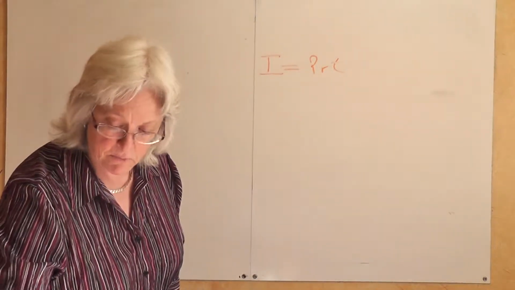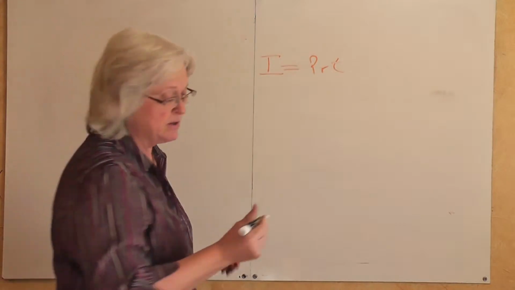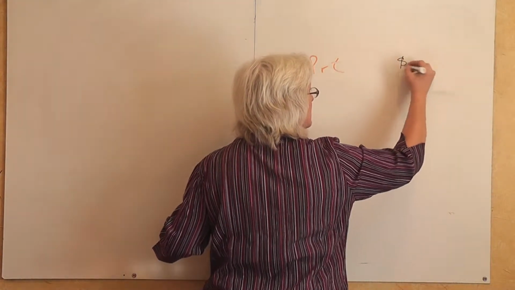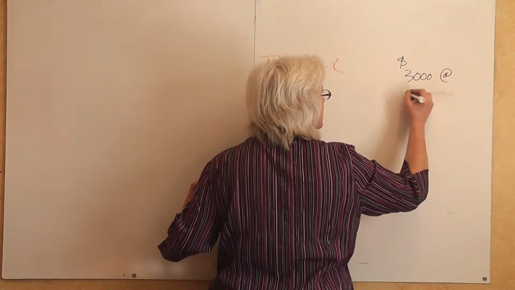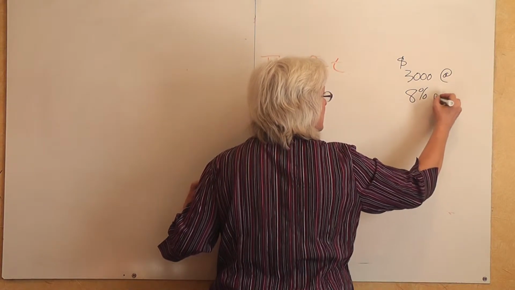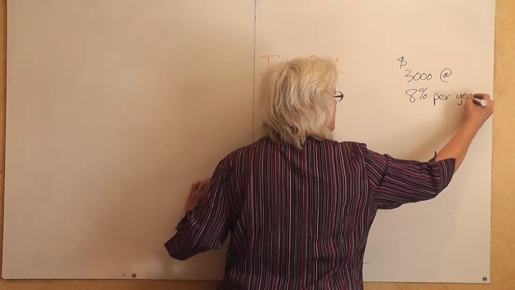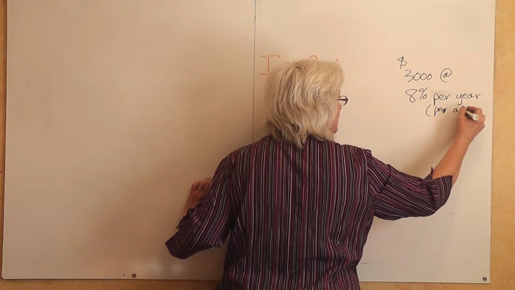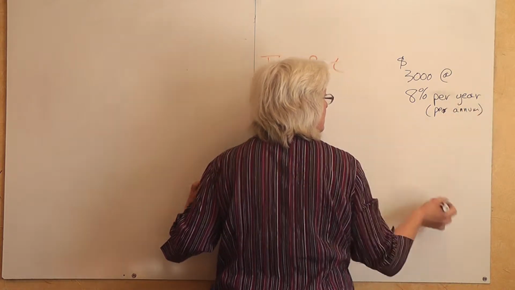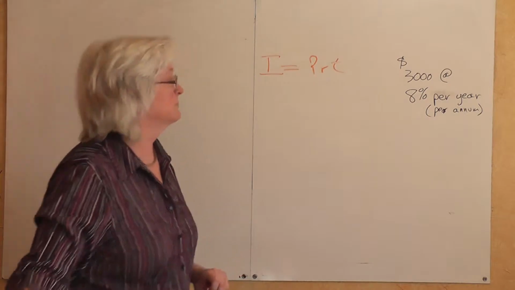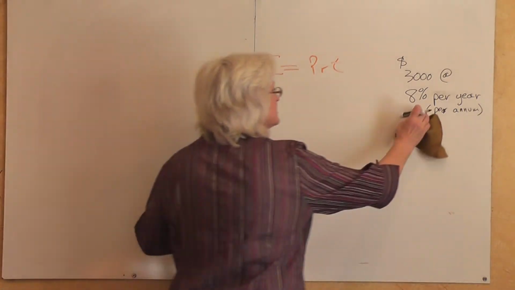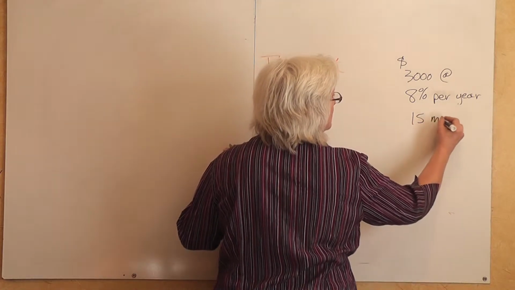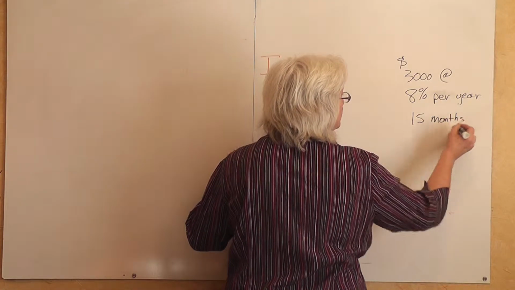Okay? What's our problem? $3,000 at 8% per year, and sometimes they'll use a very fancy looking Latin word, per annum, per year, 8% per year for 15 months.